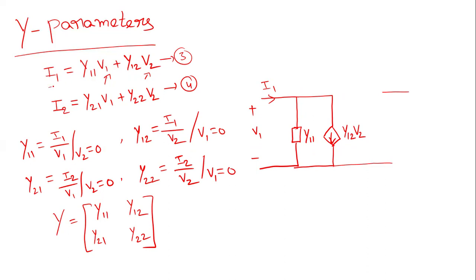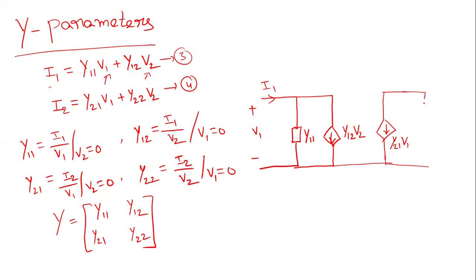This is a current, right? I1 equals Y11 V1: Y11 is the admittance multiplied by the voltage. Similarly, Y12 multiplied by V2 represents a current value, so we have represented a current source. Similarly, the second equation is also represented as a dependent current source, with value Y21 V1.